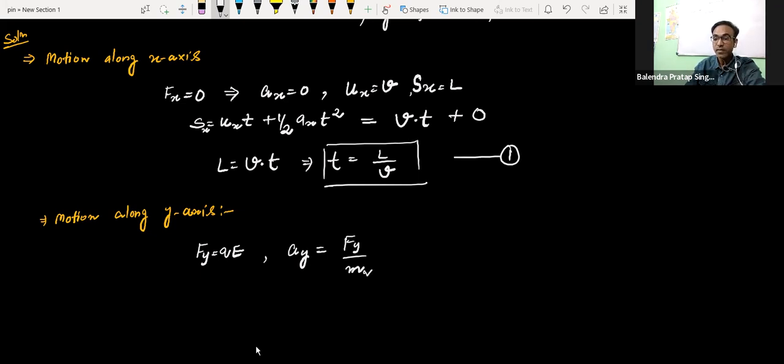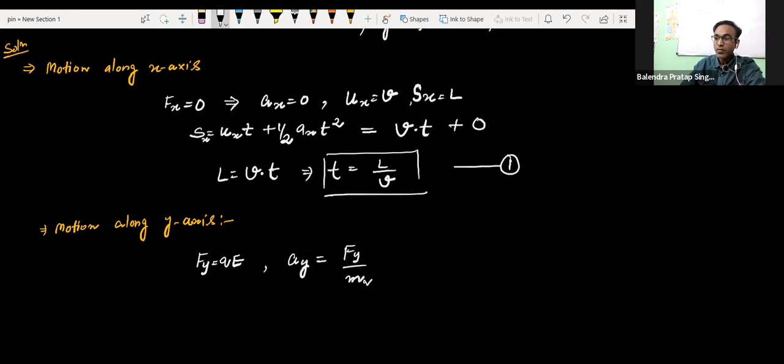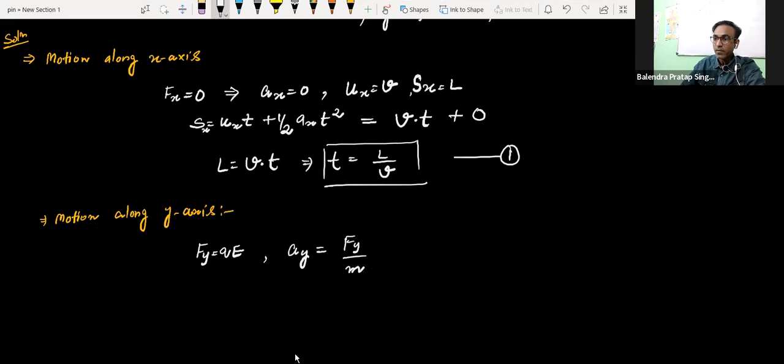So you put the value Fy, that is qE divided by small m, and from here you find your acceleration ay.